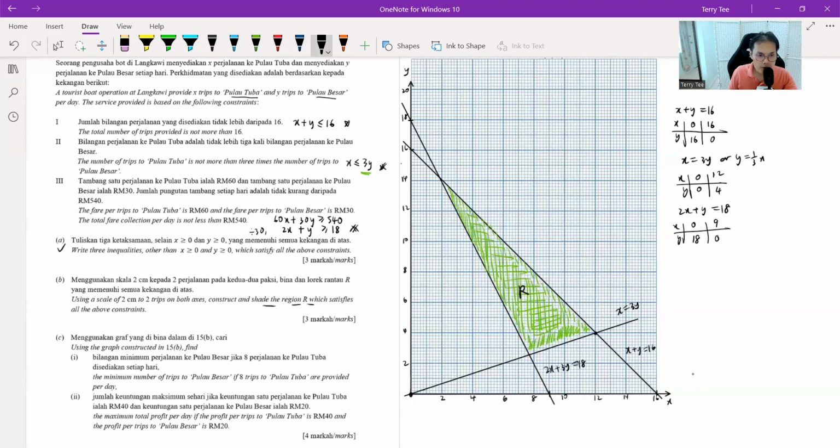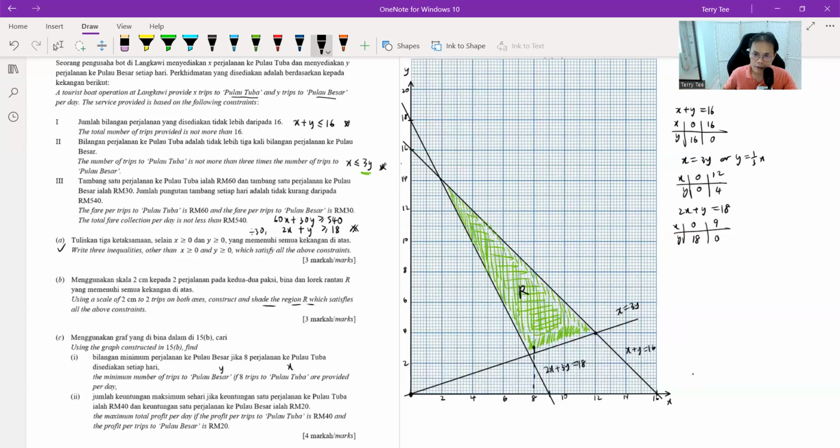Now use the graph to find the minimum number of trips to Pulau Besar. Pulau Besar is y. Pulau Tuba is x. We are finding the minimum trip for y if x trip for Pulau Tuba is 8. What is the minimum trip for y? So you move inside. Now, please pick the integer value.